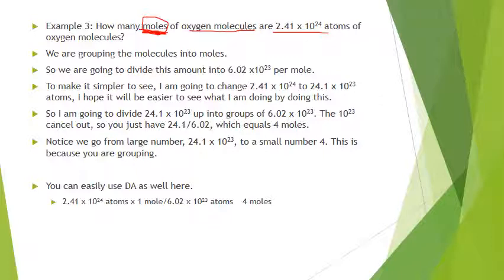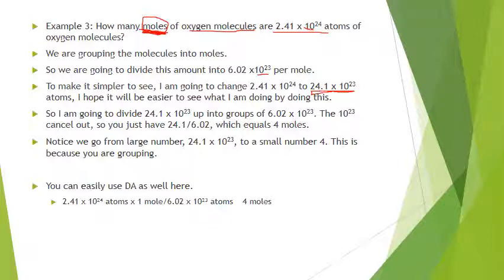First of all, what I like to do is put my exponent in the same exponent as the one here. You don't have to do that, especially if you're using a calculator, but I'm doing this so it makes sense to me. So I'm going to change 2.41 times 10 to the 24th to 24.1 times 10 to the 23rd. And you'll see why in a second.